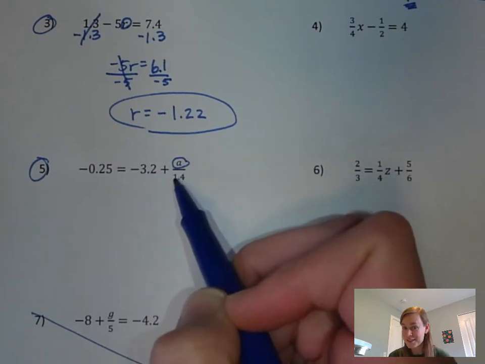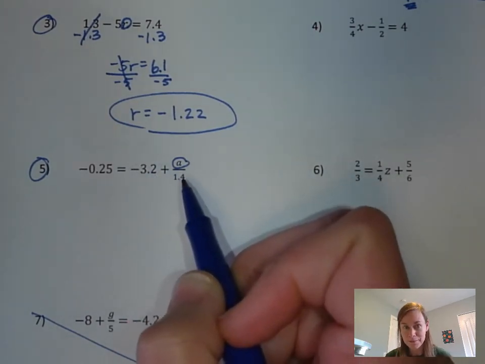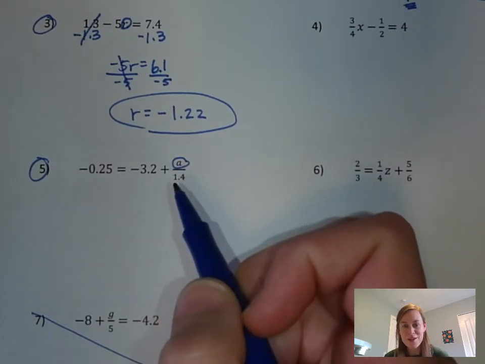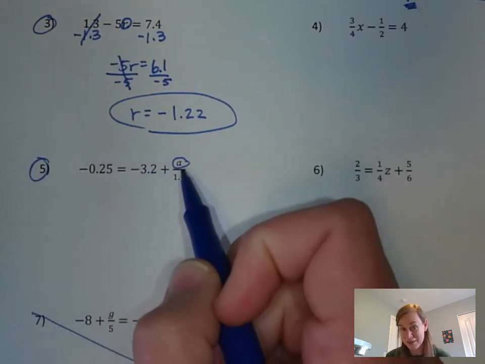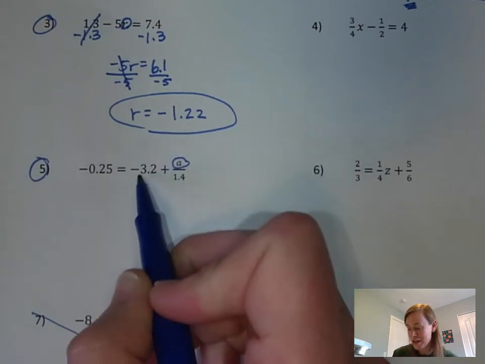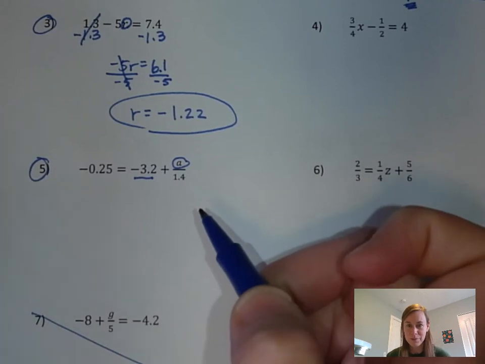What are you going to get rid of first? Is it the negative 3.2 or the 1.4? You want to get rid of the one that's further away, not the one that's attached to the variable. This 1.4 is kind of attached to the variable, right? The negative 3.2 is further away, so make sure you get rid of this guy first. And then you can get rid of the 1.4.